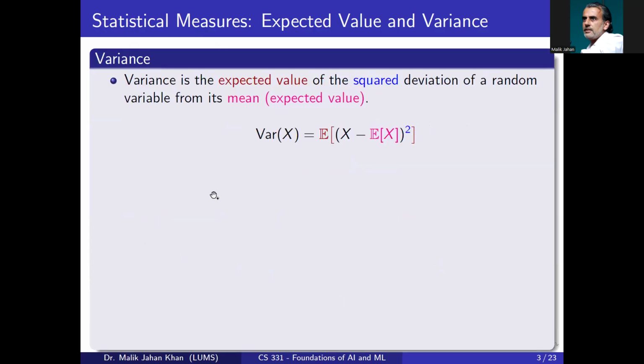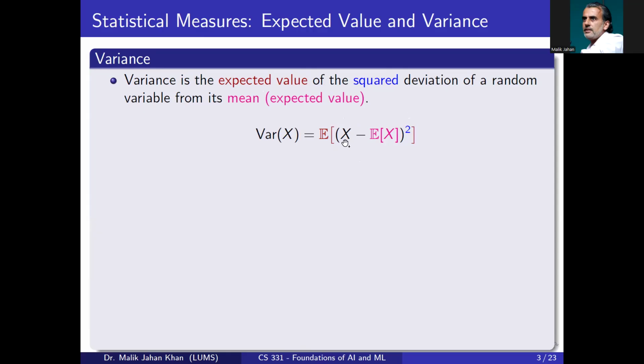Okay, the second statistical measure which we are going to talk about is variance. Variance is the expected value of the squared deviation of a random variable from its mean or expected value. So I have color coded things over here to build some intuition. So what is deviation?